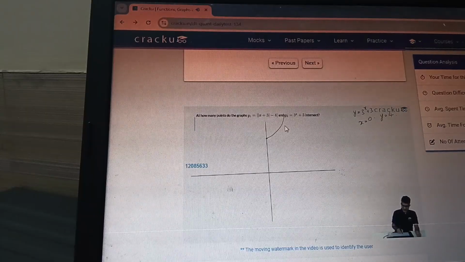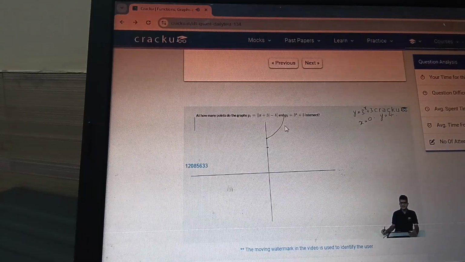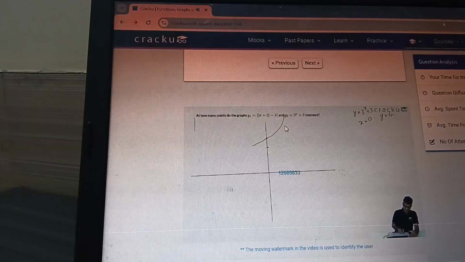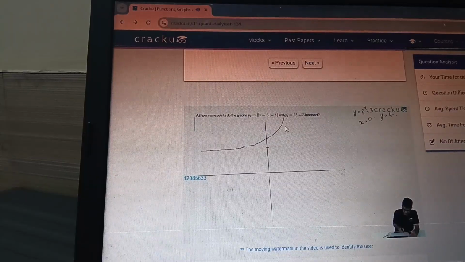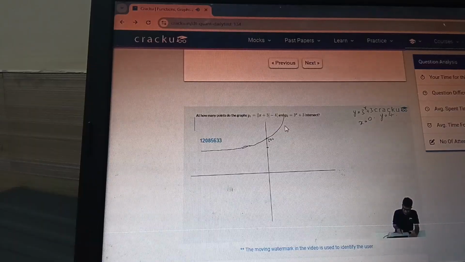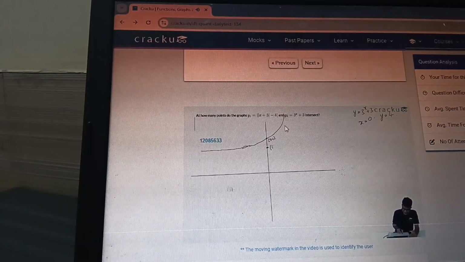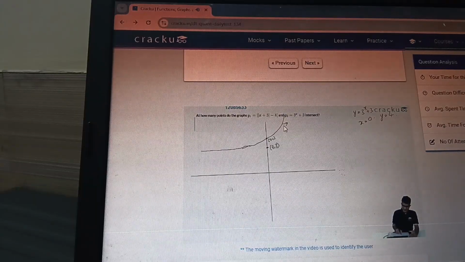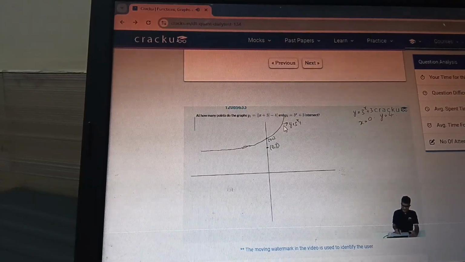But now as x becomes lesser and lesser, instead of touching the x-axis, it will be approaching the line y is equal to 3. So it will look something like this. This point over here is 0, 4 and this point over here is 0, 3. This is the curve y is equal to 3 to the power x plus 3.